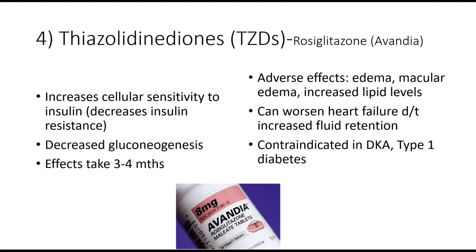And because of the increased fluid retention, this drug can worsen heart failure. And so that's another population of patients who should not be on this medication, the patients that have heart failure or fluid retention already happening. And again, this drug is contraindicated in DKA and type 1 diabetes.